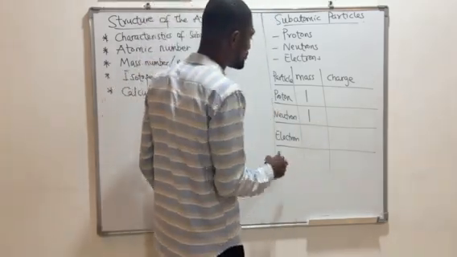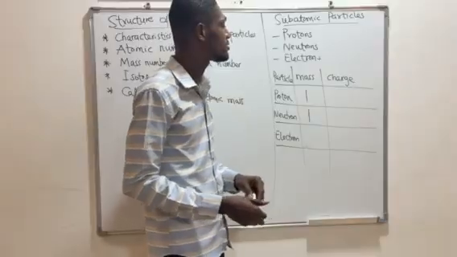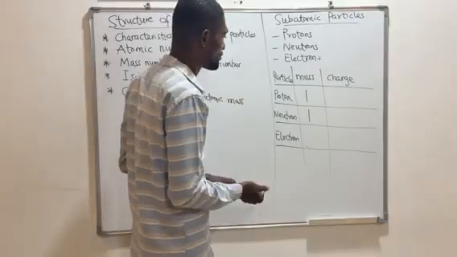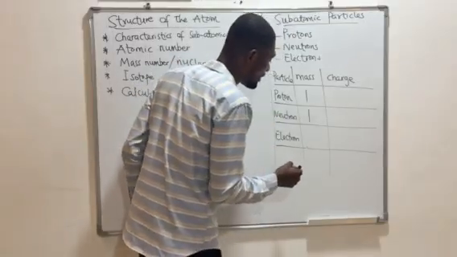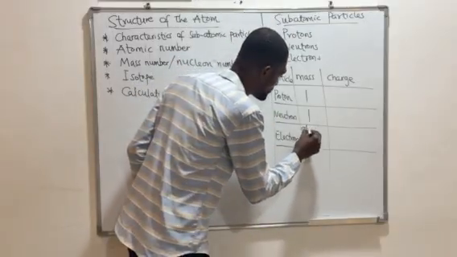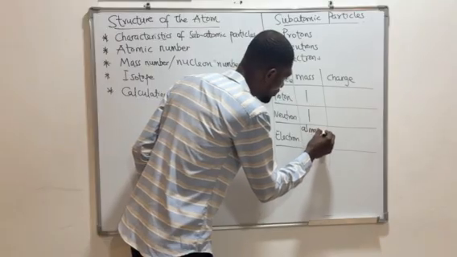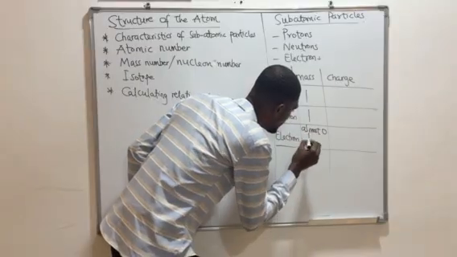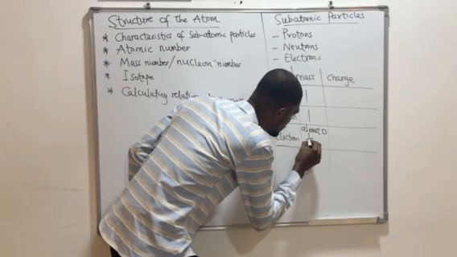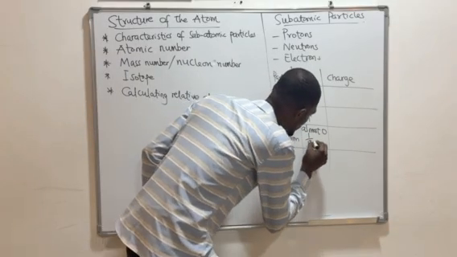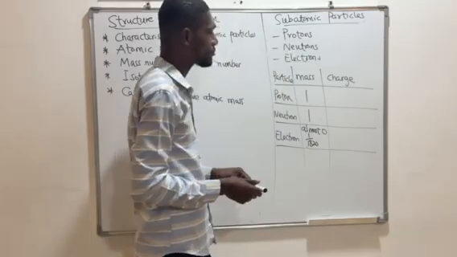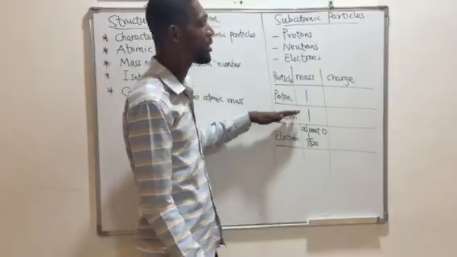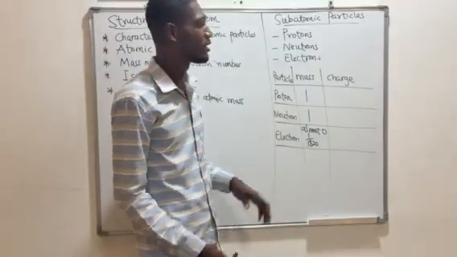Now, electron, as compared to the other subatomic particles, is very small, and so the mass is very, very small. In most cases, we say it is almost zero. But the figure is taken as 1/1820. And this is the mass of an electron as compared to proton and the neutron.